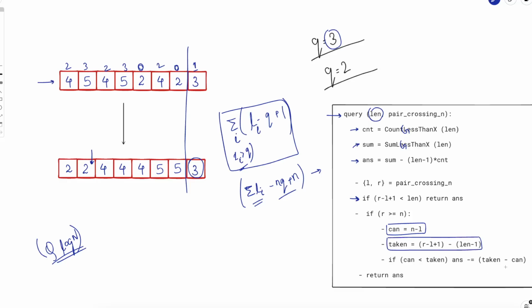So whatever is the difference, I need to remove that from the answer, because all of those will be starting after n, and all of those will be recounted again. So I'll simply subtract them, and that will be my final answer, right? So this entire thing can run in order log n time, given you can figure out this count and this sum efficiently, and both of them you can do using a simple prefix sum here, right?